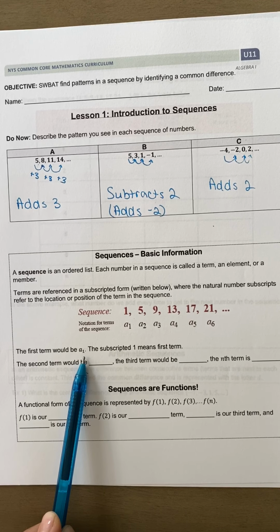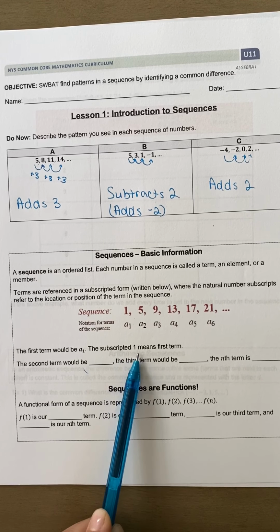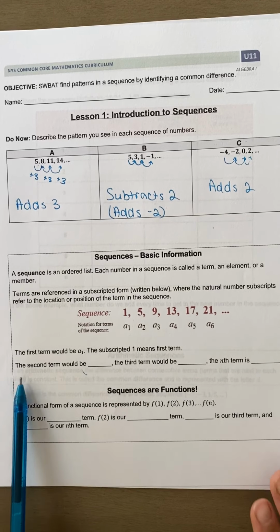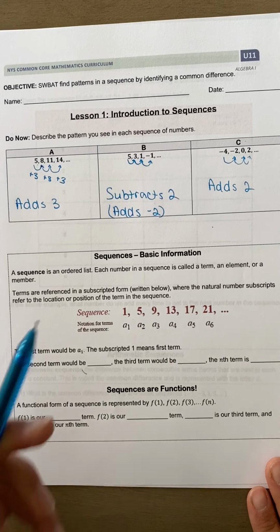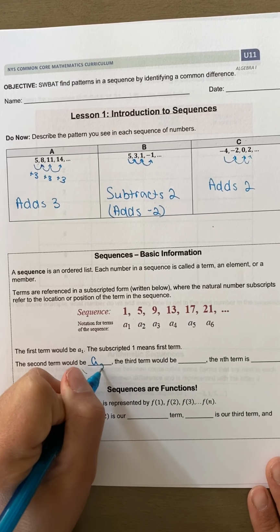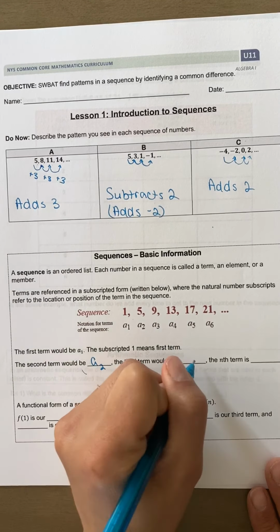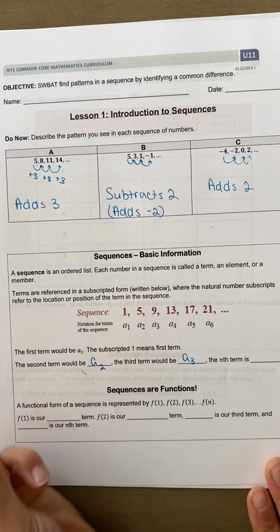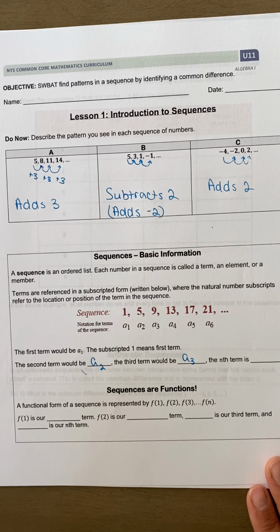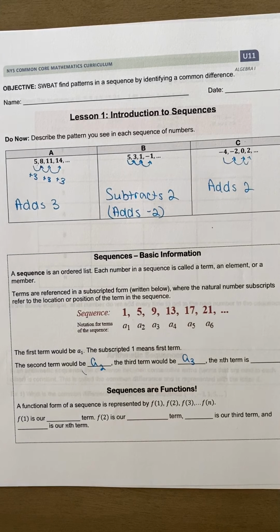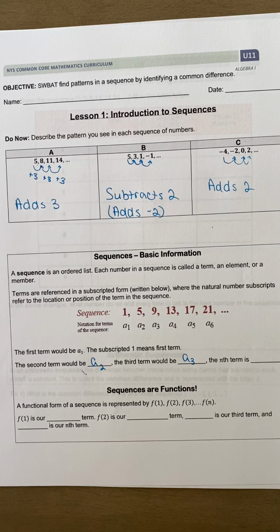Sub 1, again, shows me I'm putting it in the bottom corner. The subscripted 1 means it's the first term. The second term is going to be A sub 2. The third term is going to be A sub 3. So when I write it, I put the numbers in the bottom corner. The nth term, let me explain what nth means.